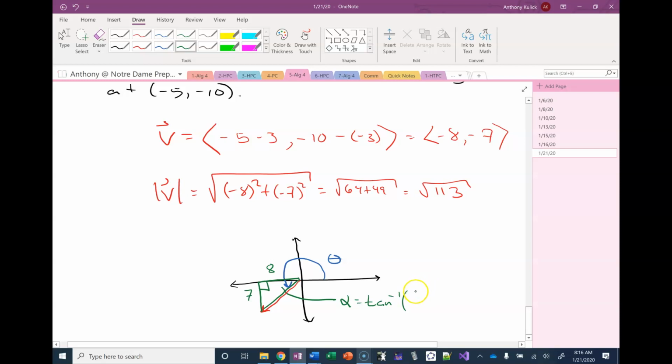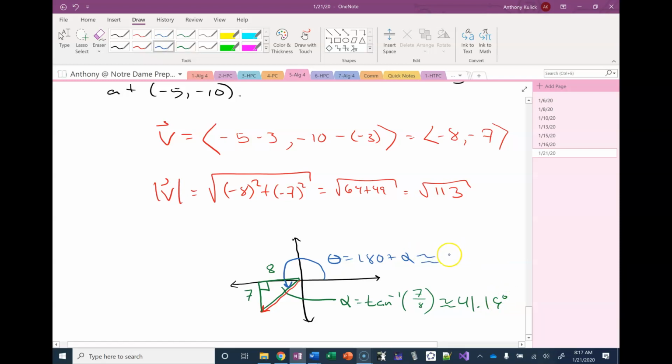So if I use tan inverse, I can do opposite over adjacent. And then theta would be 180 plus alpha, right? So when I type this into my calculator, I get 41.19.